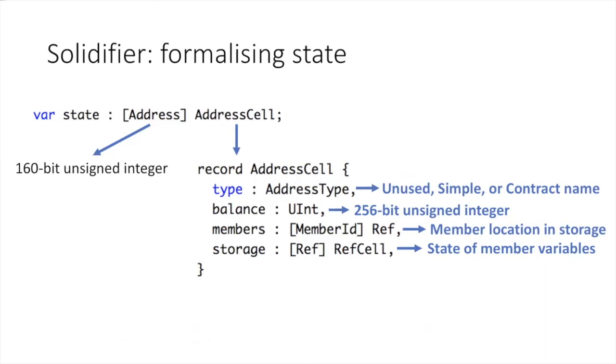We have the balance of the smart contract, and we have these 2 last elements in this record, members and storage, which will store basically the state of the smart contract deployed at this address, if this is a smart contract instance.